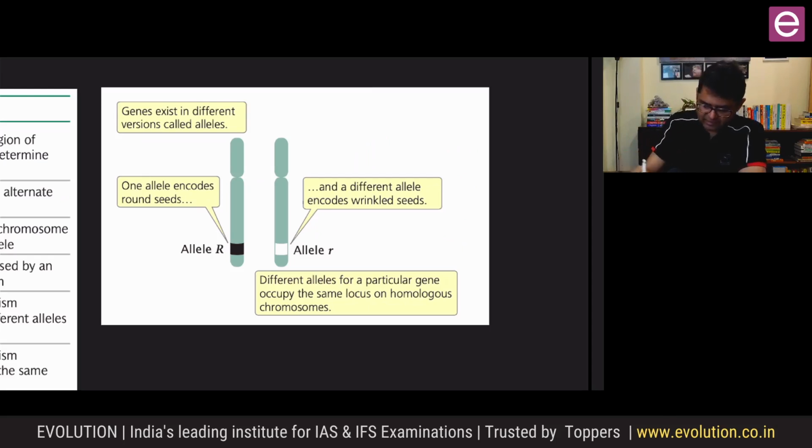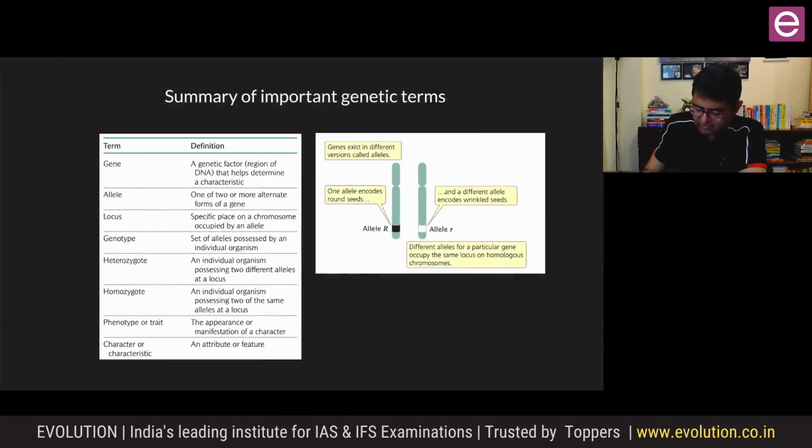So here we are. This is the gene locus, and here the person has one dominant allele and one recessive allele. So this plant is basically heterozygote. Any question until now? Until now it is pretty much NCERT level stuff, but still if you have any question, please raise your hand and I will take your question.